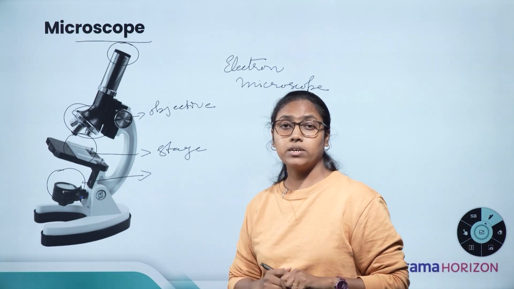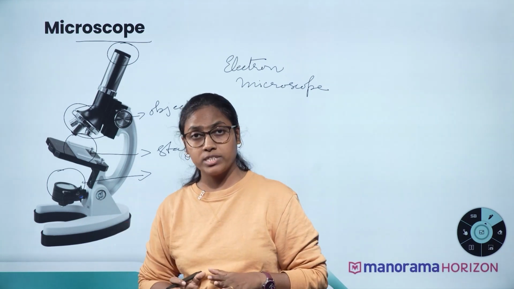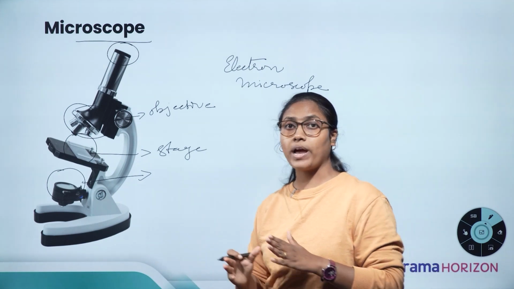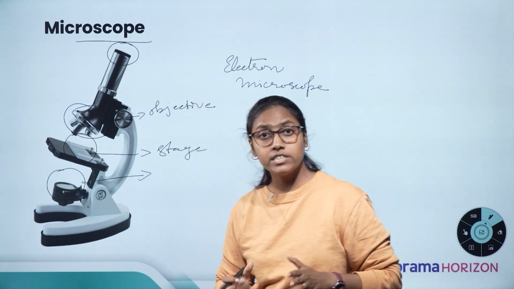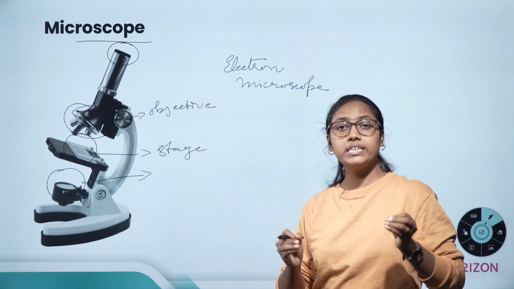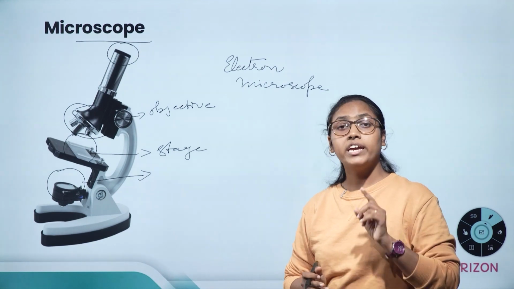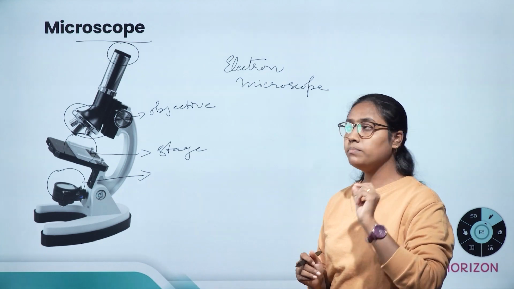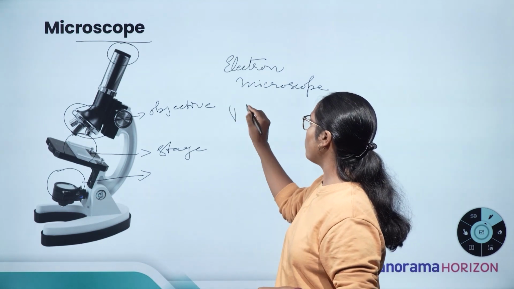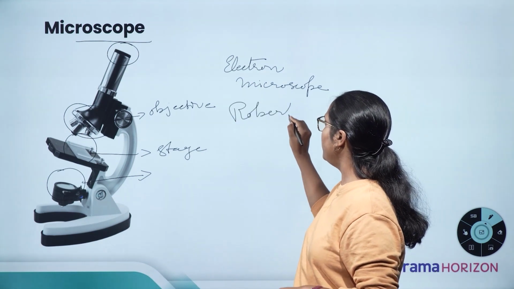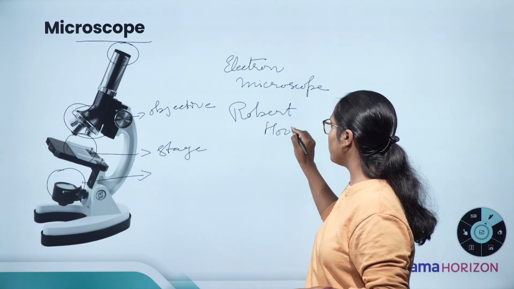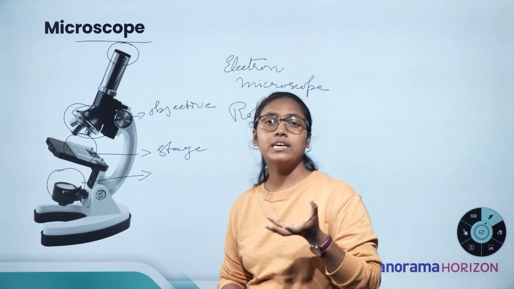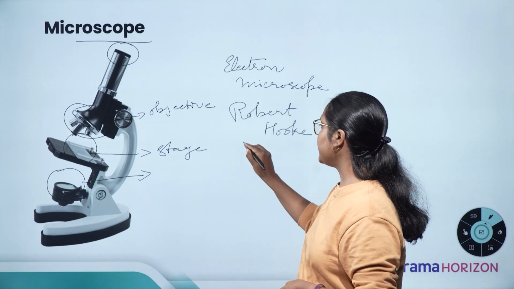Now first, today we are going to study about the cell. The first cell was visualized by Antoine Leeuwenhoek. He self-designed his microscope, and using it, he first visualized the cell. But the term cell was given by Robert Hooke. Robert Hooke visualized cork cells and gave the term cell.